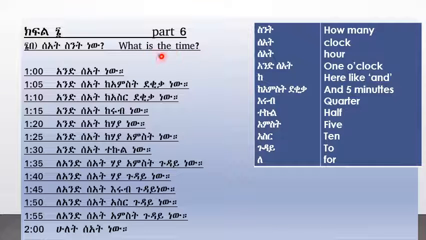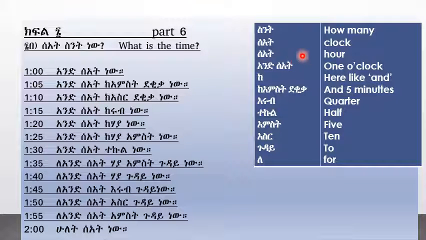What is the time? 1 o'clock. In Amharic we say አንድ ሰዓት ነው. 2 ሰዓት ነው. This is how you tell time.